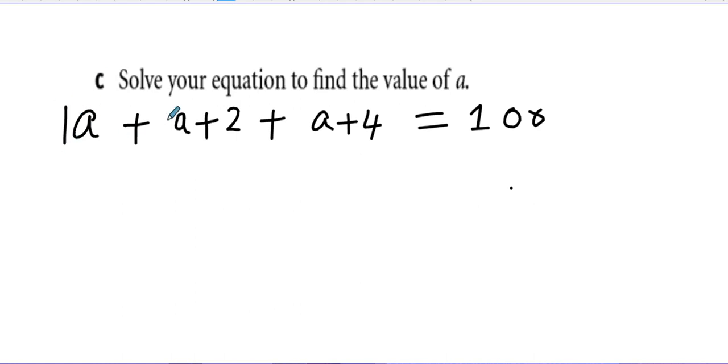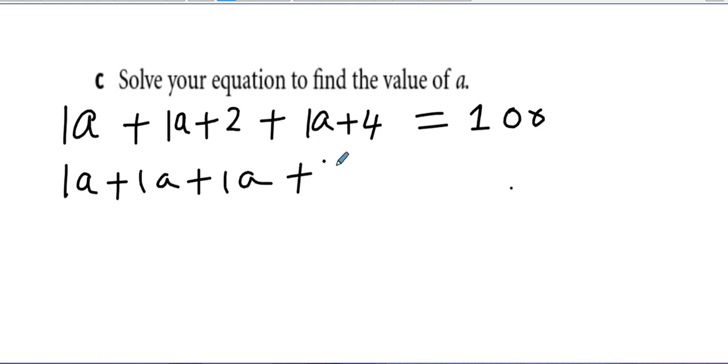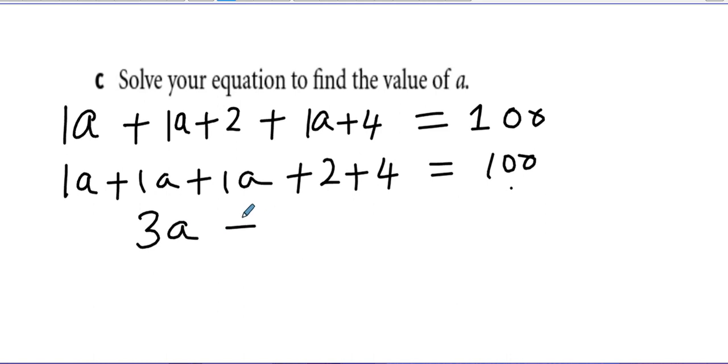So we have 1a, 1a, 1a, so put them together, 1a plus 1a plus 1a, collect them together. We have plus 2 plus 4, that equals 100. So 1a plus 1a plus 1a gives you 3a, plus 2 plus 4, that would be plus 6, equals 100.